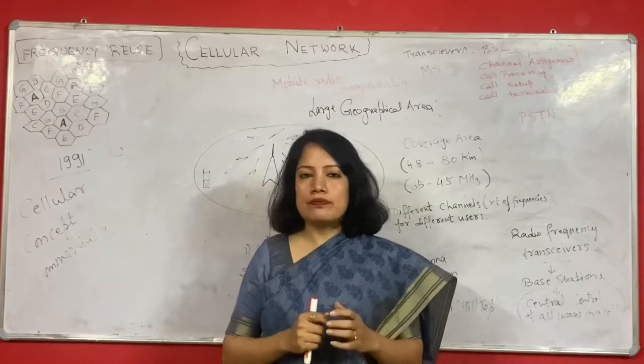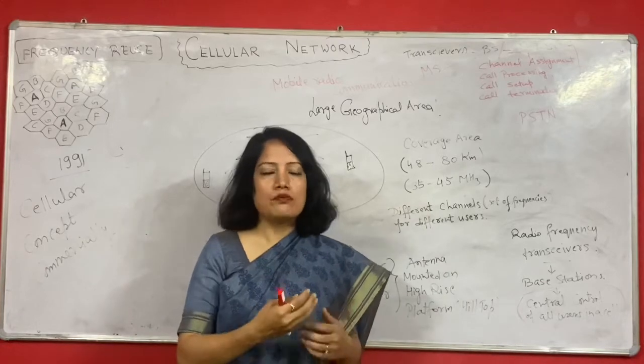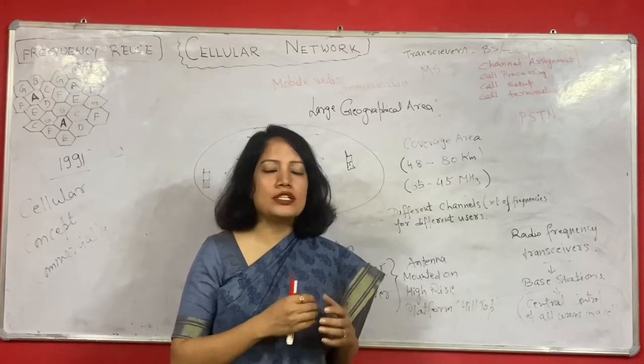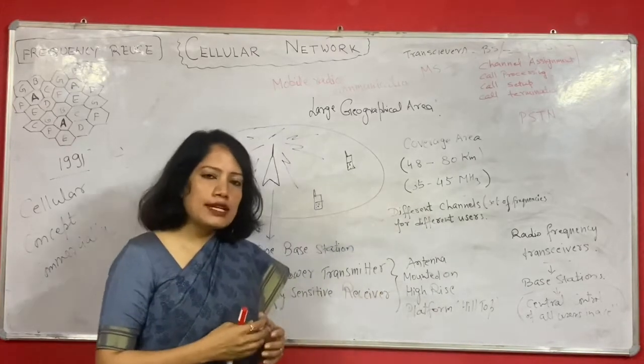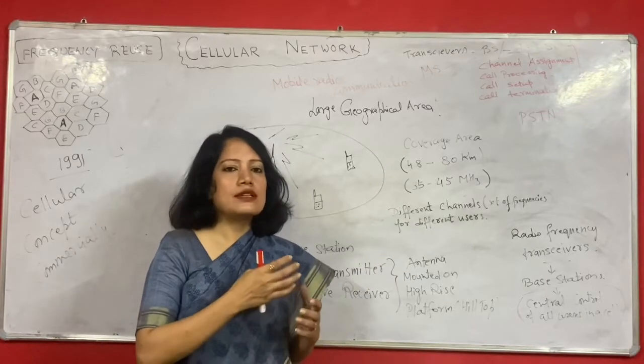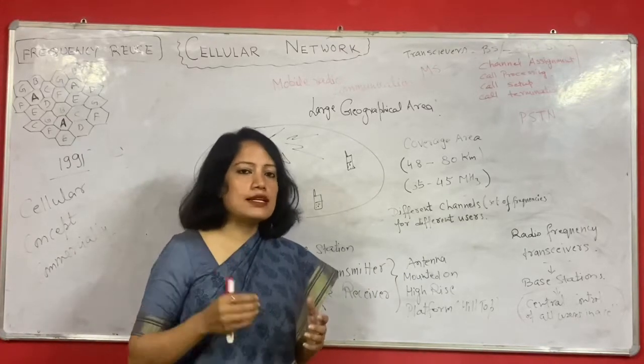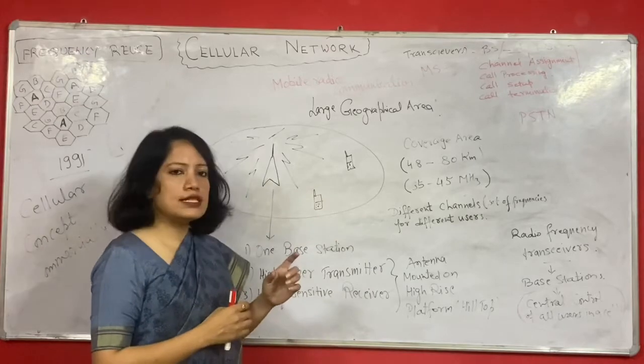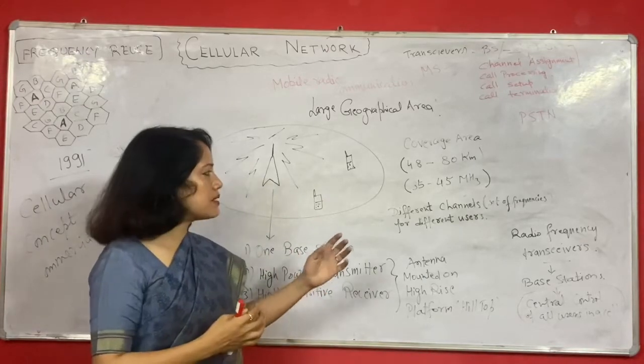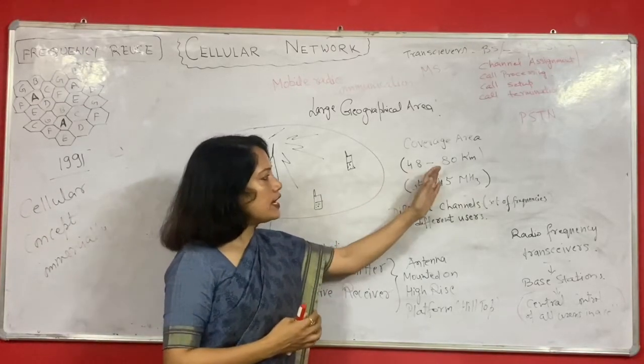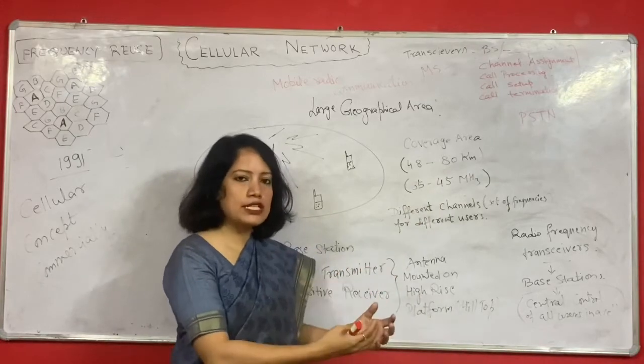For that purpose, what were the components of a mobile radio communication system in a particular city? As I told you, it was designed to serve different cities independently. In a particular city, the radius of the area was about 48 to 80 kilometers.